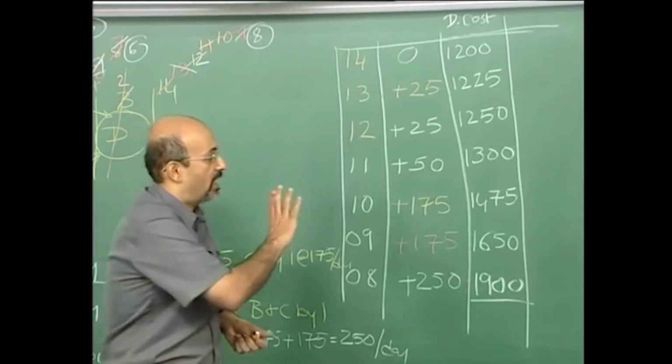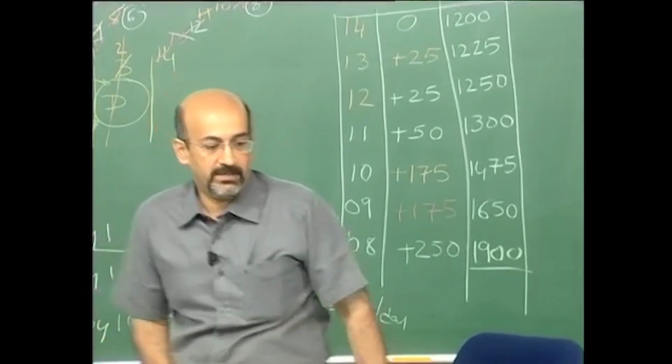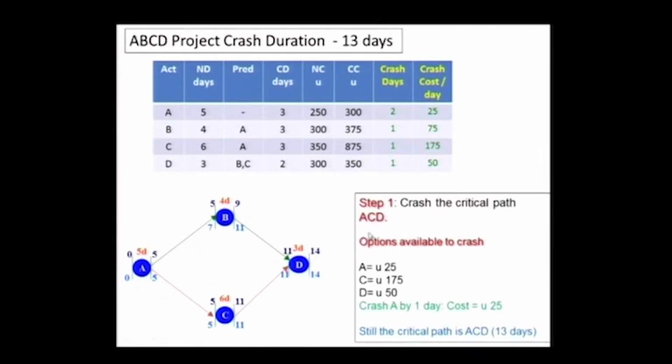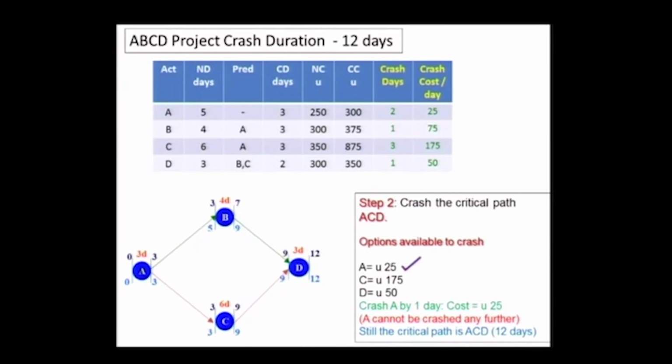Okay, so I have a graph on the PowerPoint. Let me just go through the PowerPoint so that we go through this in this way. So we did all of this as we went through. We first crashed A as step 1, and what was 14 became 13. Then in the second step we crashed A again, brought it to 12.